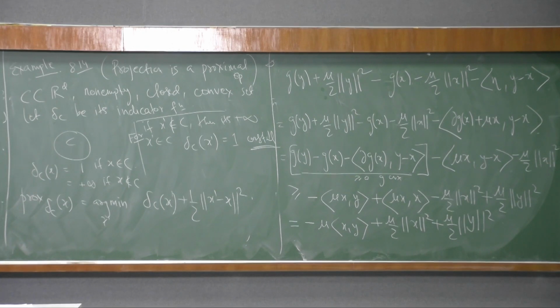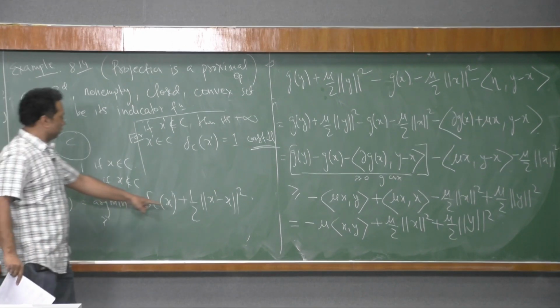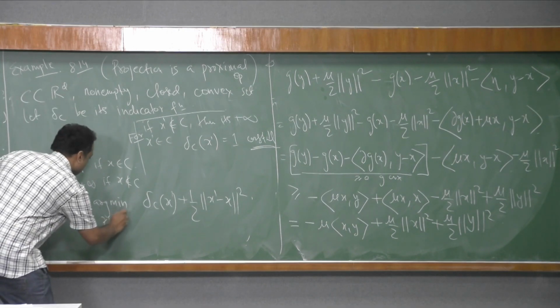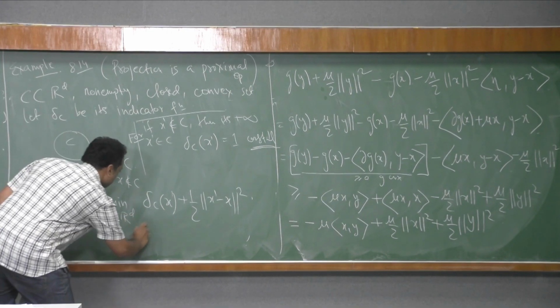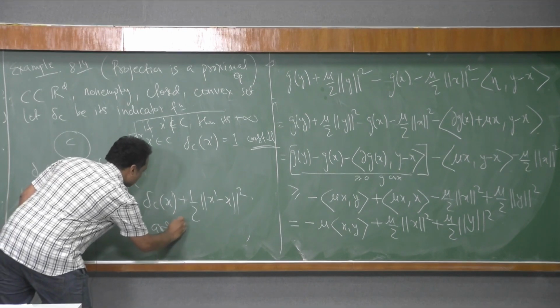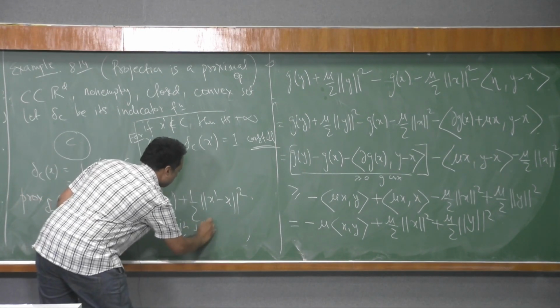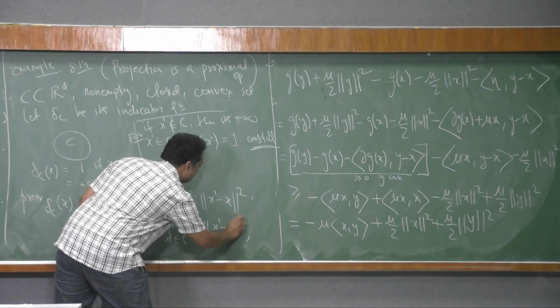So everything boils down to the argmin over x' in C of half x' minus x squared.